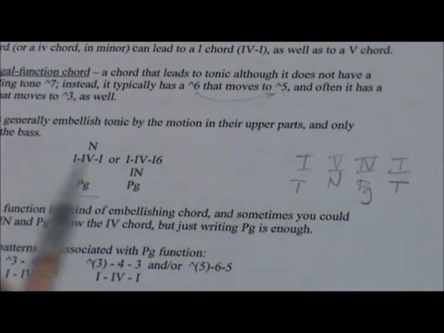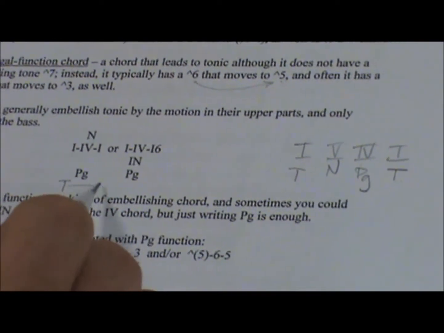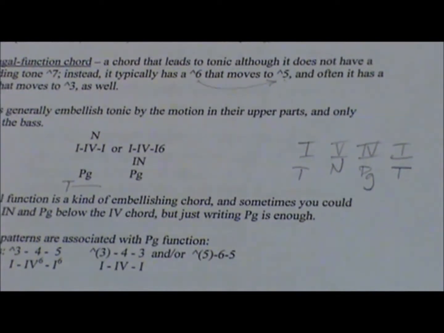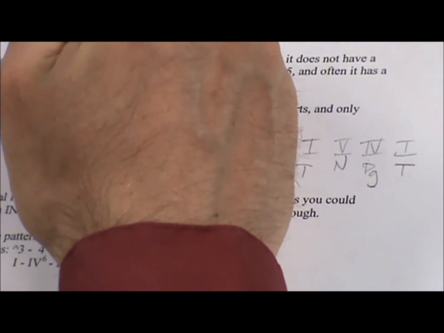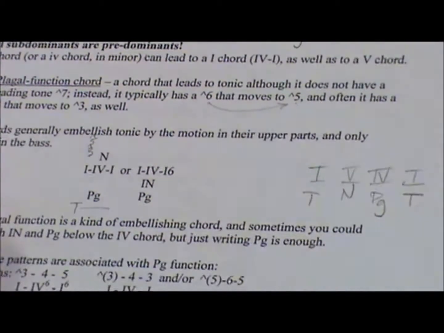Yes, it always goes to tonic, but number 1, it can be part of a tonic expansion because of the neighboring motion that occurs up above. Let me just show the upper voices. You'll have a scale degree 3 and a scale degree 5 in your tonic.